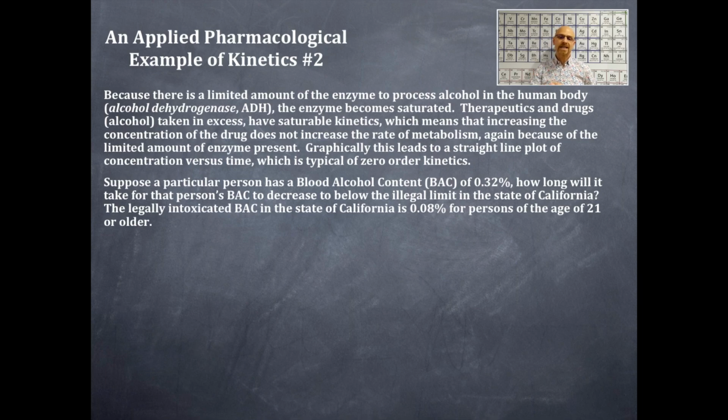Remember, it's a straight line plot of concentration versus time, therefore it's zero-order kinetics, because this is an enzyme which is saturable, meaning you can add more and more, but it will not change that linear plot of concentration versus time. So the rate constant for alcohol dehydrogenase, ADH, is k = 0.17 moles per hour.